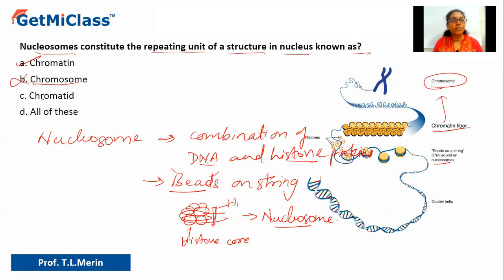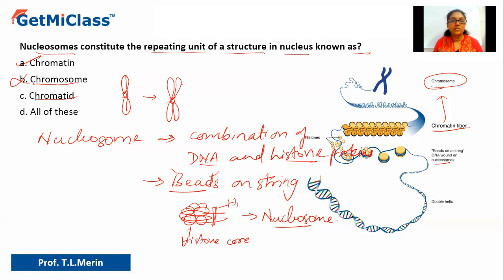Option C says chromatid. A chromatid is formed after the replication of the DNA. So this is one chromosome. After replication, the DNA gets replicated and it forms its chromatids. In two double-stranded DNA, each one will give rise to one chromatid.